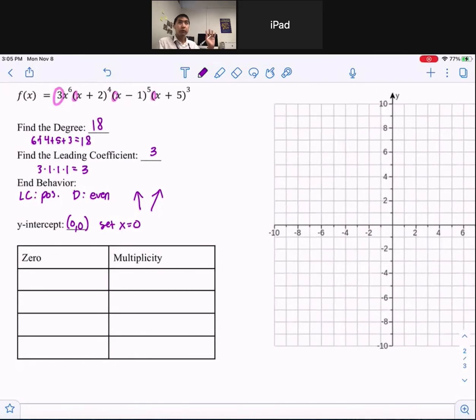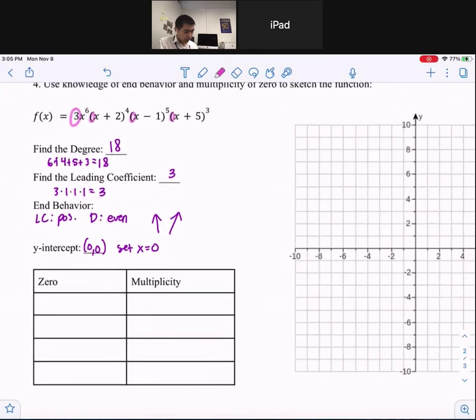Okay, so your guys' zero for the first one is going to be, when x is equal to 0, multiplicity of 6, because that's the degree. The next one, here, what would make that 0 if x was equal to -2? Multiplicity of 4.